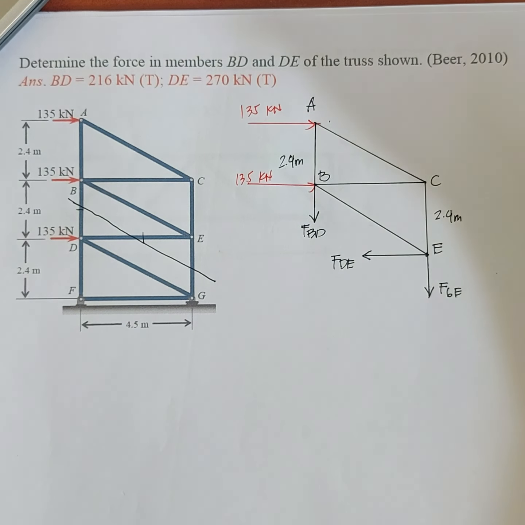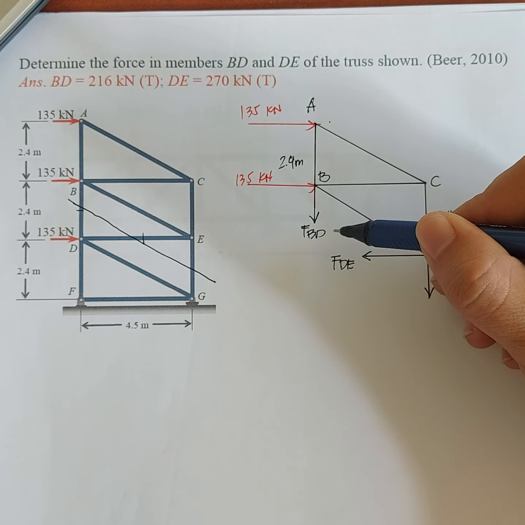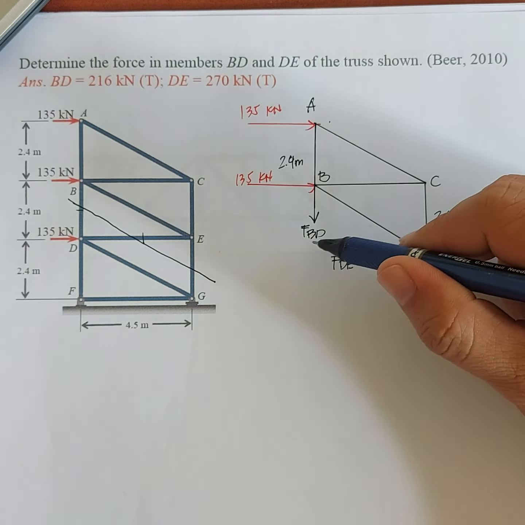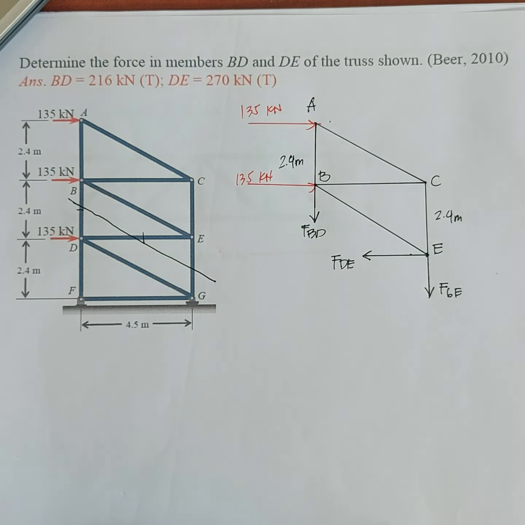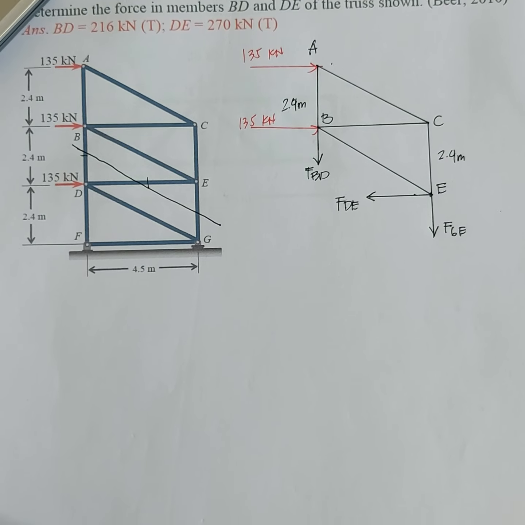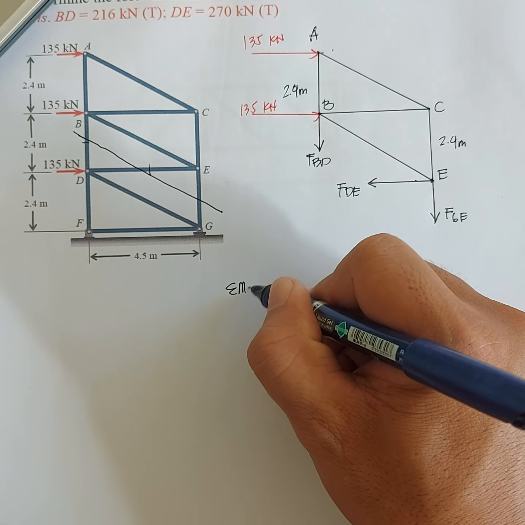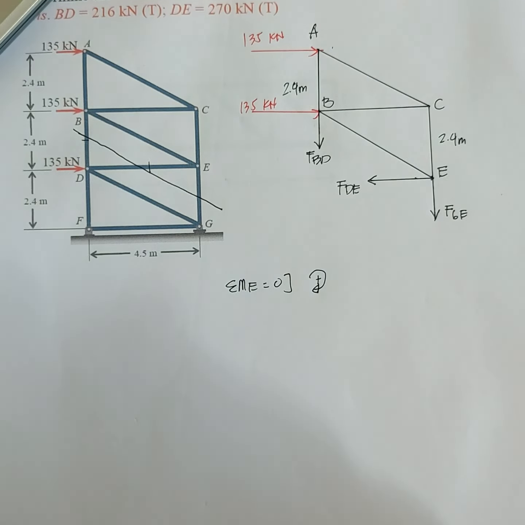Okay, and then solve for the bar forces. I think we can solve FBD by summating moments at E here. So that wala nang moment yung dalawang forces na yan, we can directly solve for FBD. So summation of moments at E equals 0, clockwise moments positive.